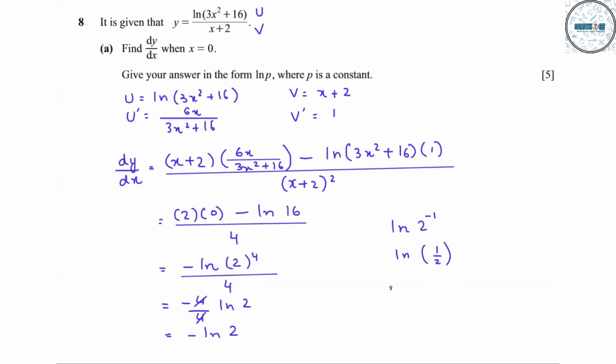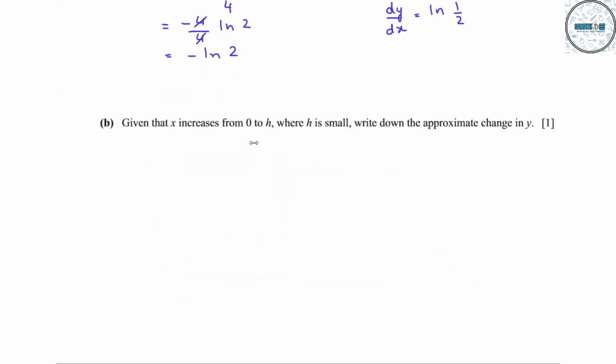So dy upon dx is ln 1 upon 2 when x is equal to 0. Given that x increases from 0 to h, where h is small, write down the approximate change in y. Delta x here is equal to h minus 0, which is h. Delta y is to be taken out.